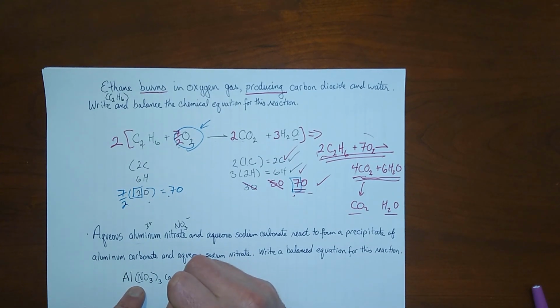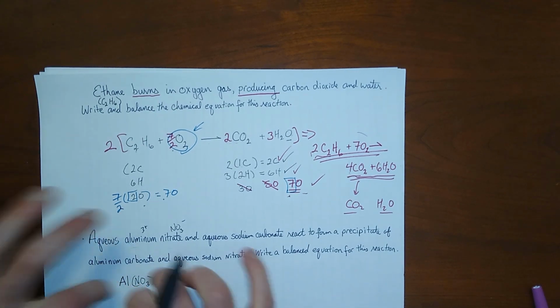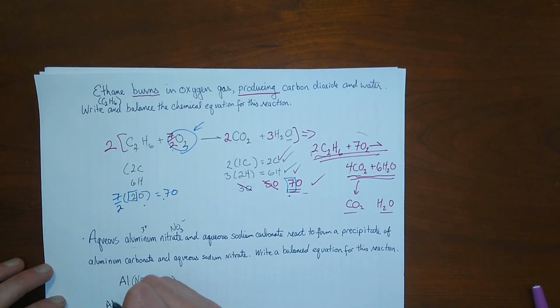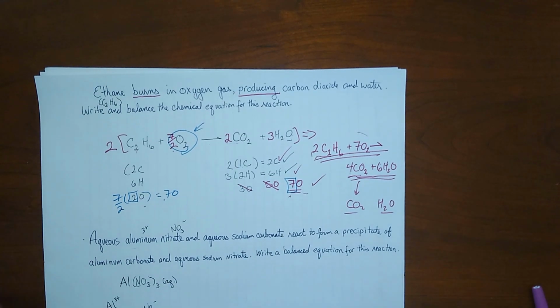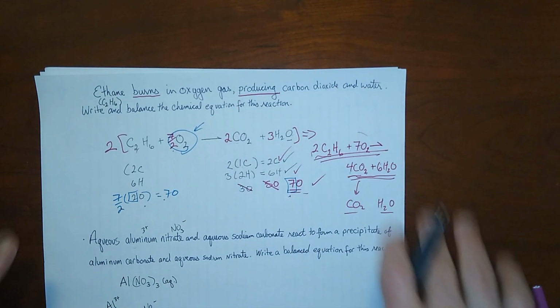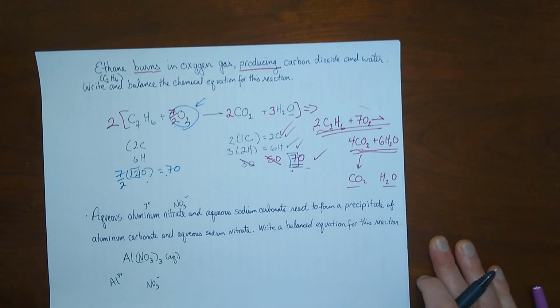And it's an aqueous solution, okay, which means it's dissolved in water, which actually means that these are uncombined. I have aluminum ions in the water, Al3+, and I have nitrate ions in the water, NO3-, and they're all distributed throughout the water sort of as evenly as possible.